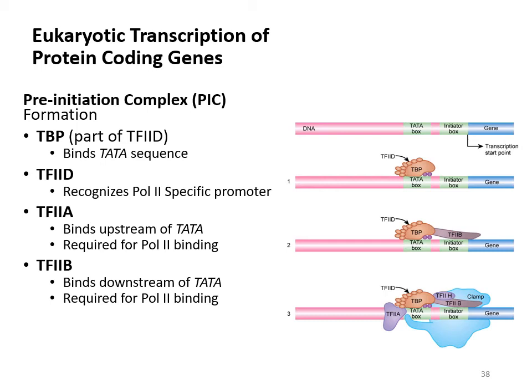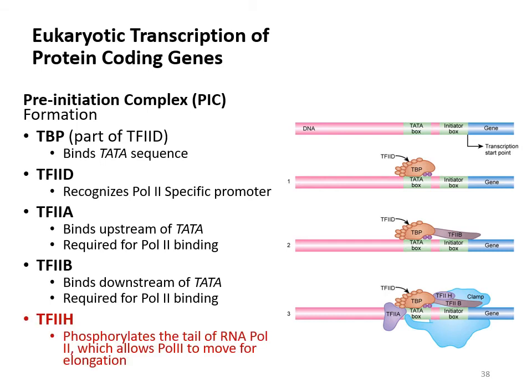You don't have to memorize these guys. The only one I want you to know here is this guy here, TFIIH. That's a transcription factor in eukaryotes, including your own cells, that will phosphorylate the tail of RNA polymerase to allow the polymerase to move for elongation.